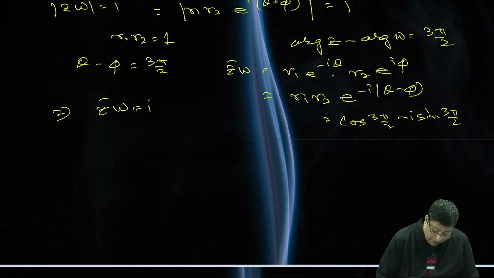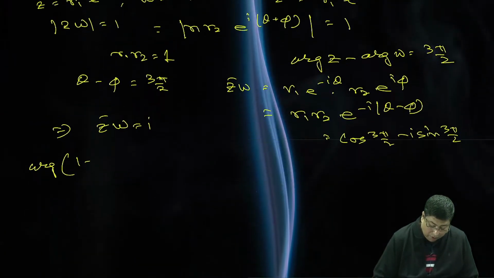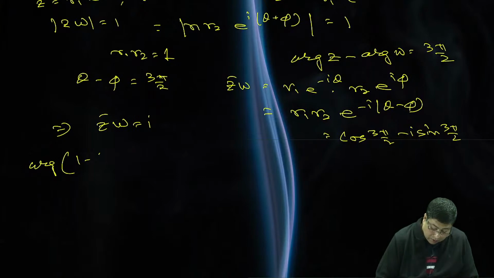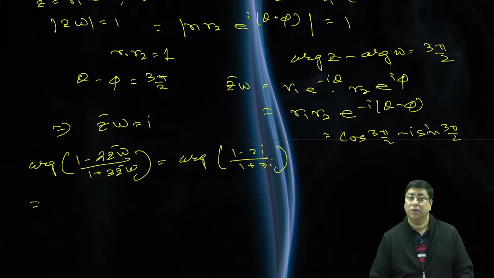The value of the argument is, so we can get argument of 1 minus 2 z bar omega by 1 plus 3 z bar omega. This portion is important, we have to get the argument. This equals argument of 1 minus 2i by 1 plus 3i. So this can be written as, once again we have to rationalize the denominator.